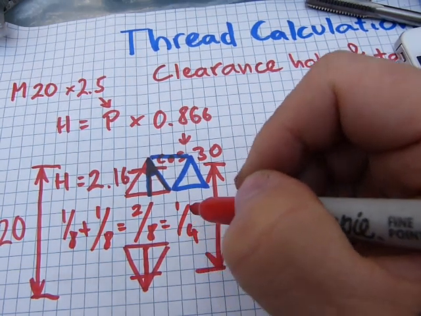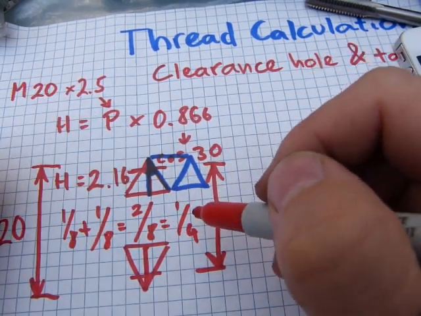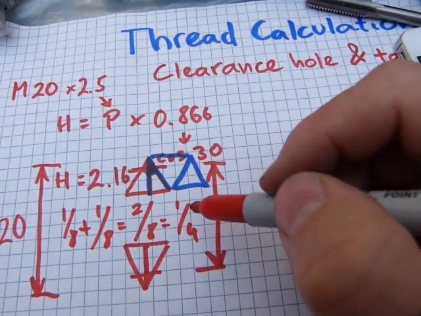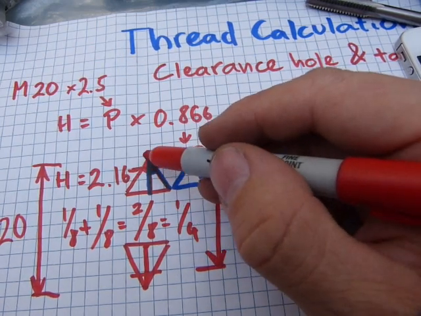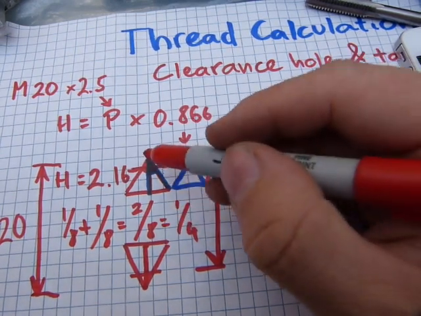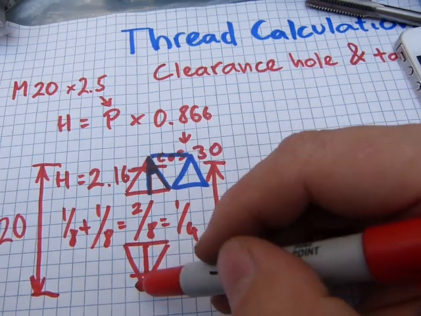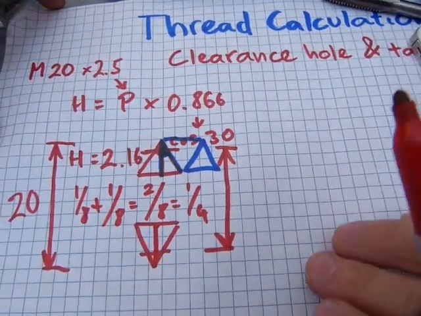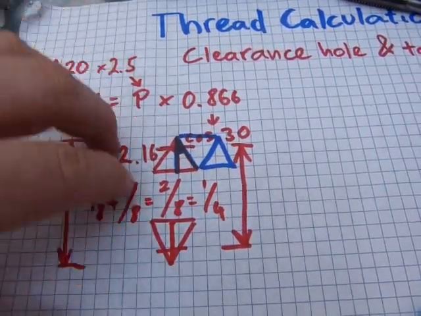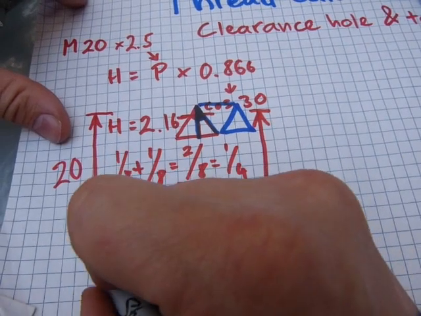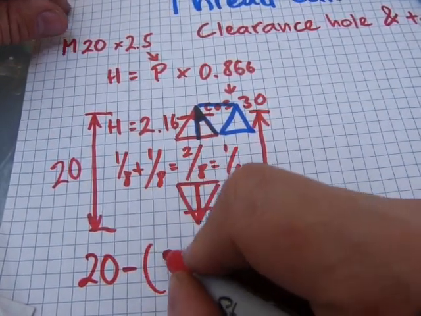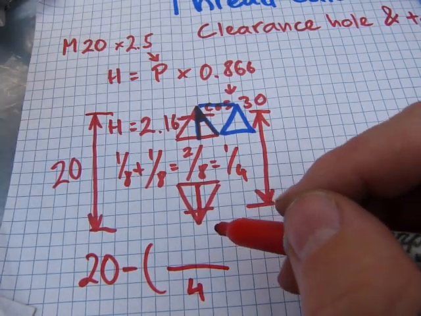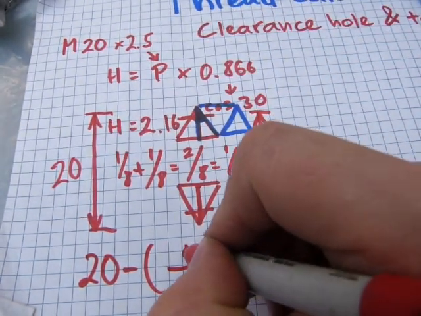Okay, so that means that 1/4 of my thread height is truncated away. Again, 1/8 on one side and the other 1/8 on the other side. That's how this 1/4 came about. So what we need to do is that the 20 mm nominal diameter is being lessened by 1/4 of the thread height there.